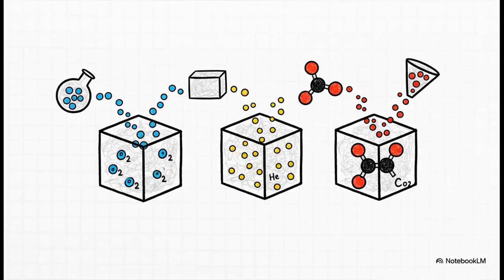And here is why that number is so cool. Under standard conditions, we're talking a specific temperature and pressure, 1 mole of any gas, doesn't matter if it's super light like helium or heavy like carbon dioxide, it will always fill up the exact same amount of space, 22.4 liters. It's another one of those incredibly useful shortcuts.